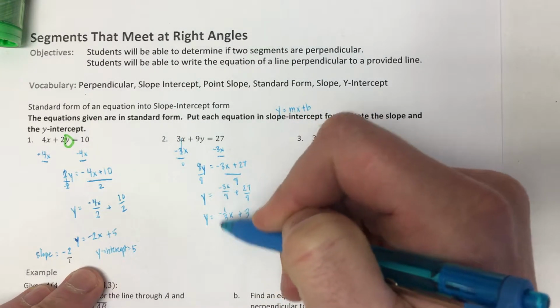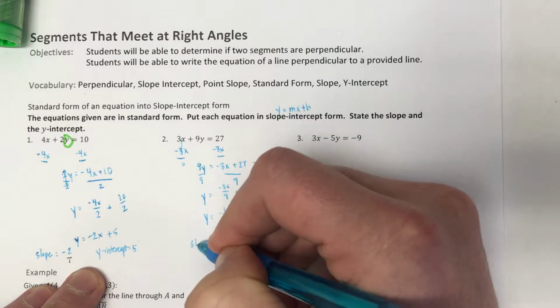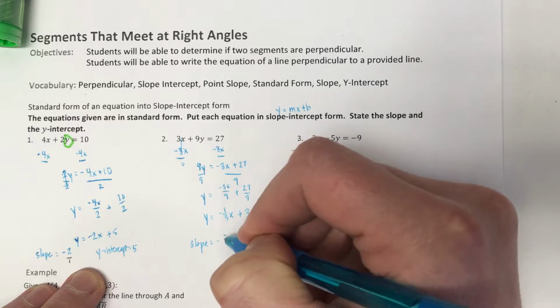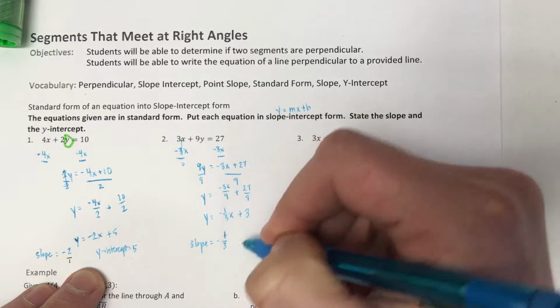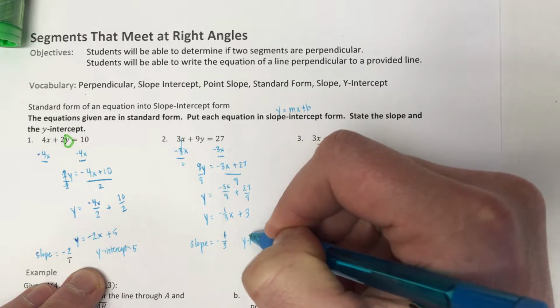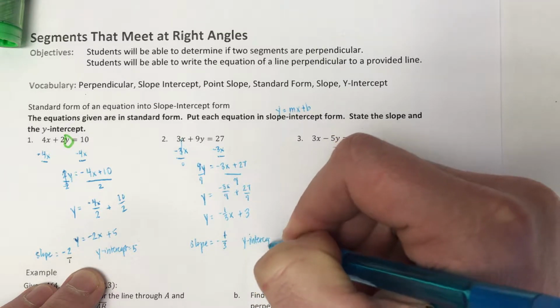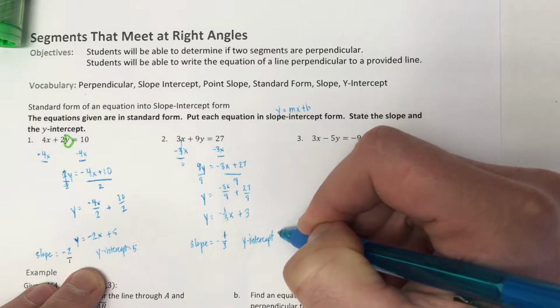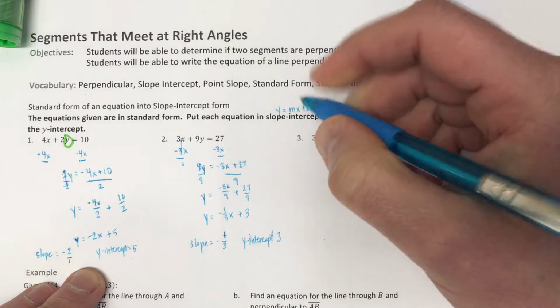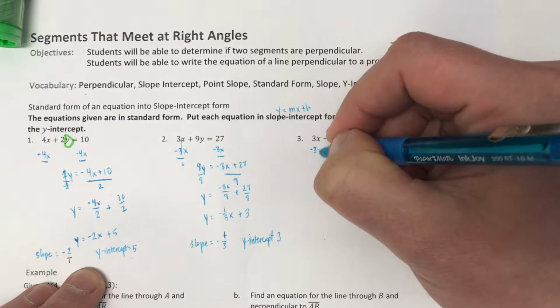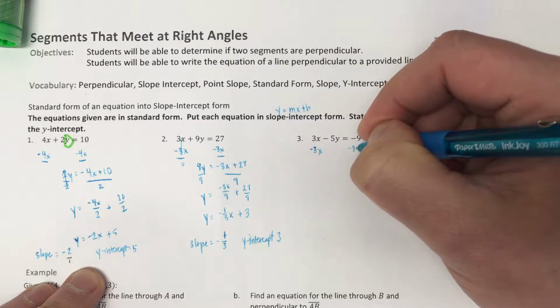And so, yes, you can have a fraction. So your slope is equal to negative 1/3, and your y-intercept is equal to 3.